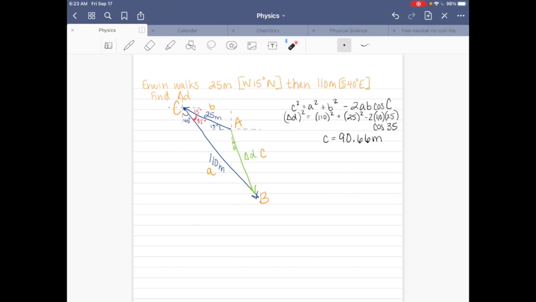Okay, so I'll use this side, and then I'm going to find this angle using my sine law.